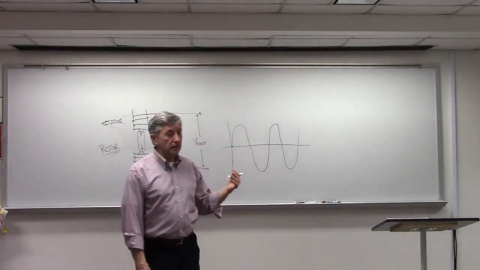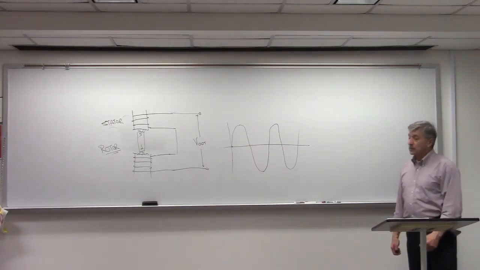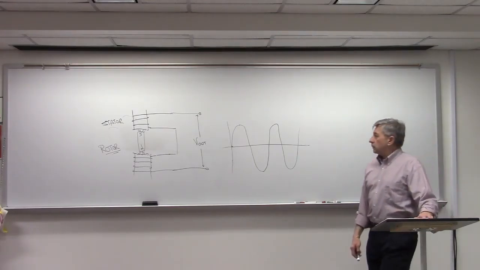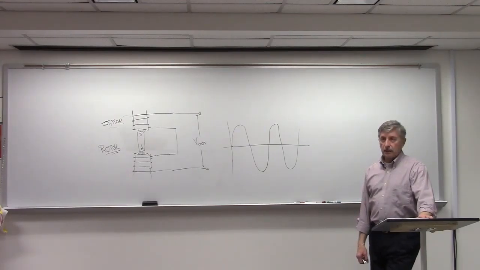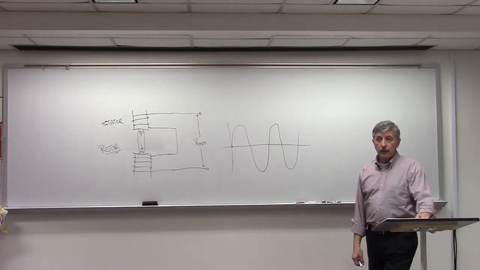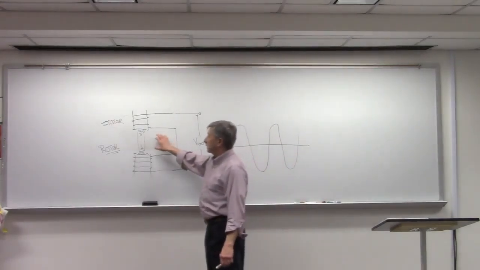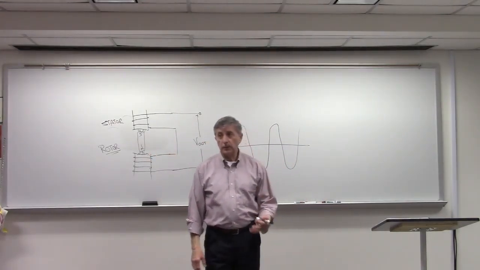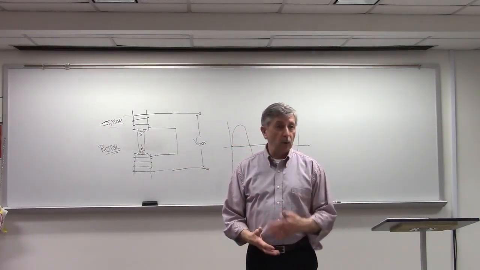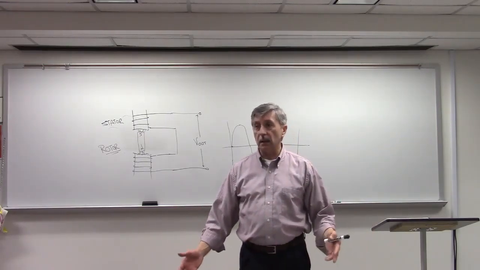Now, what I drew is not really a sine wave, but it's sort of like a sine wave. I mean, the early generators, as soon as engineers realized that they could mimic a sine wave with a generator, they thought, well, hey, if we can modify the design of our generator so that we actually do produce a sine wave, we have a whole branch of mathematics already in place called trigonometry that we can use to analyze what's going on.